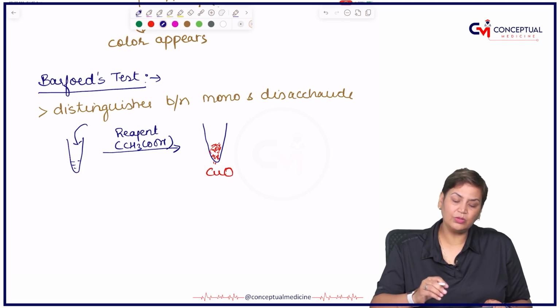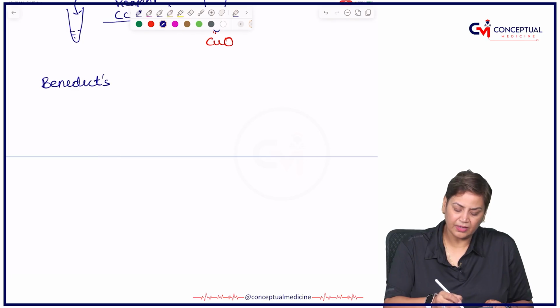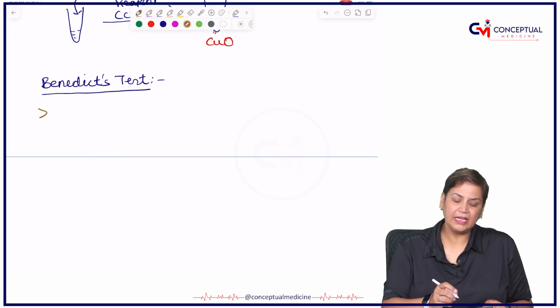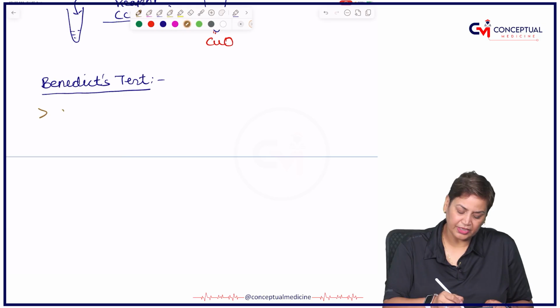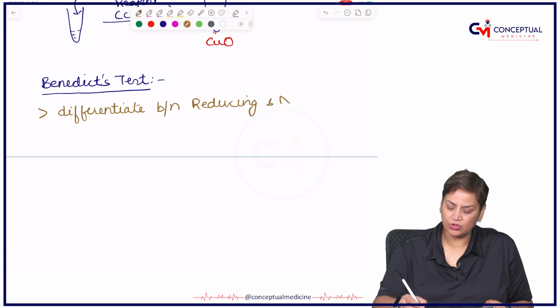Then we come over to the most important test, Benedict's test. Clinically this test is very, very important. Because Benedict's test, first of all, is a test to distinguish between reducing and non-reducing sugars.